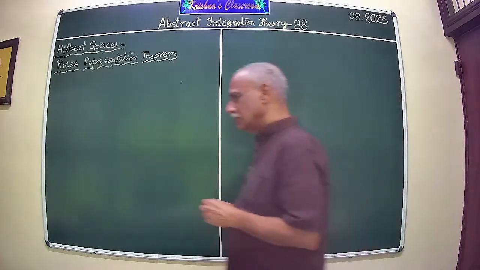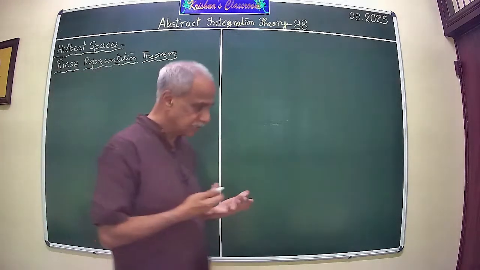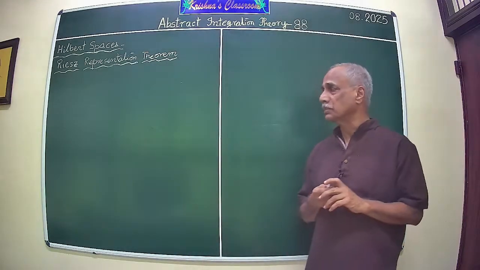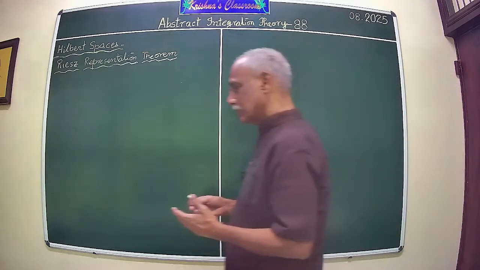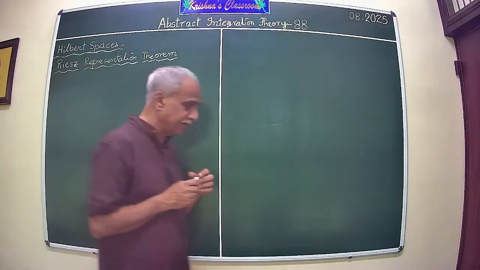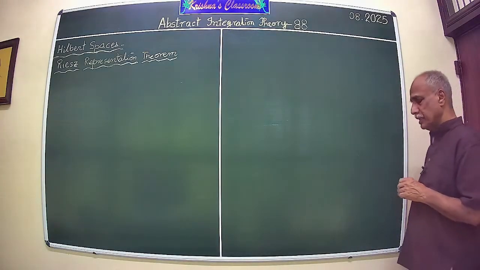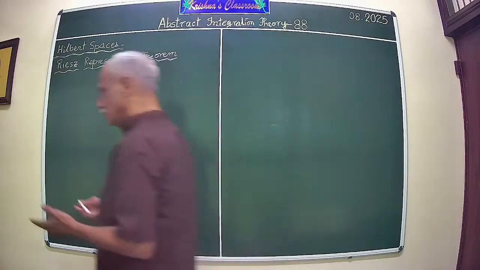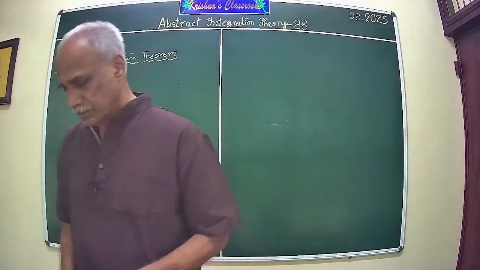It simply says that each continuous functional on a Hilbert space can be identified with a vector in the space itself and represented through an inner product. Now this is the theorem that we are going to do. So let us make the statement of the theorem and then explore it.